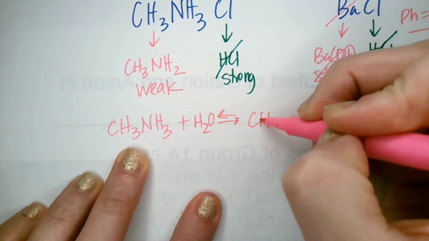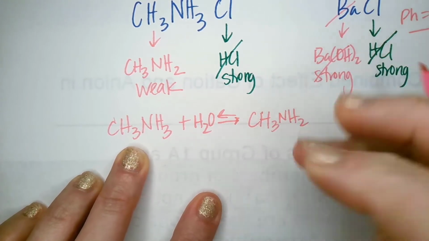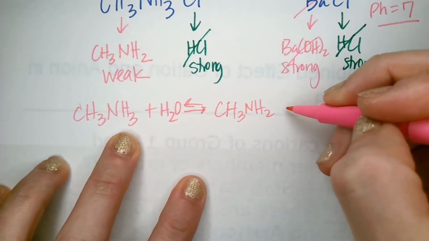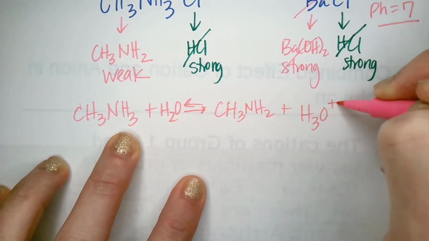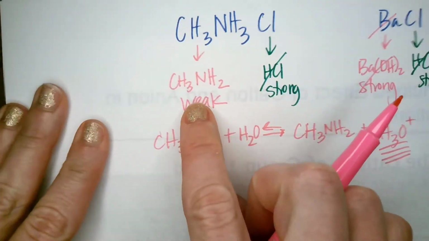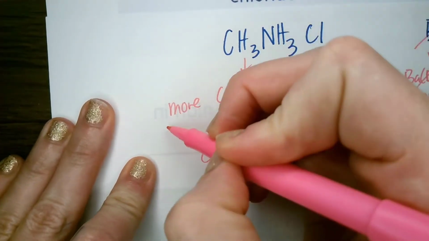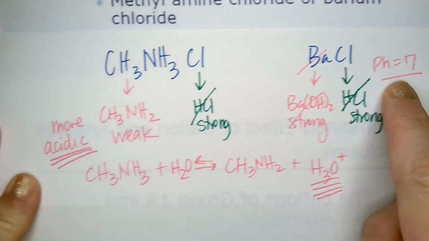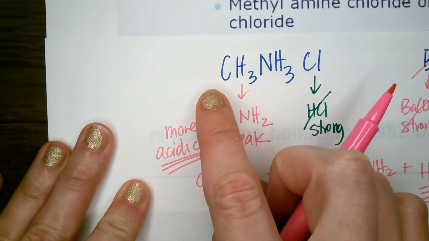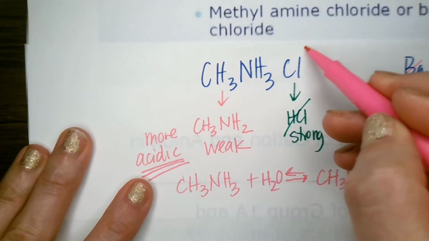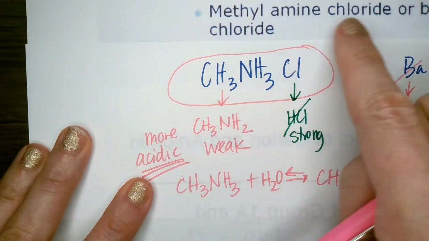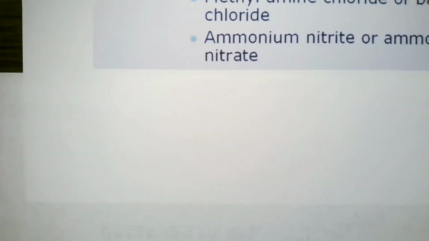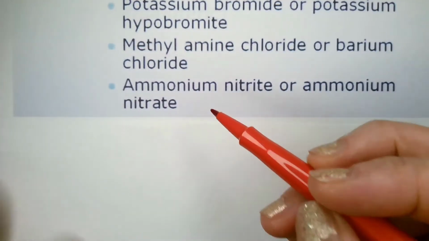It's going to lose an H and make that parent base, CH3NH2, that we've just written up here. So it lost one of those H's. That means that we have H3O+, which means this is going to be more acidic. So if we have a pH of 7 and we have one that's more acidic, it's going to be lower than 7. Therefore, this compound, our methylammonium chloride, will be more acidic.